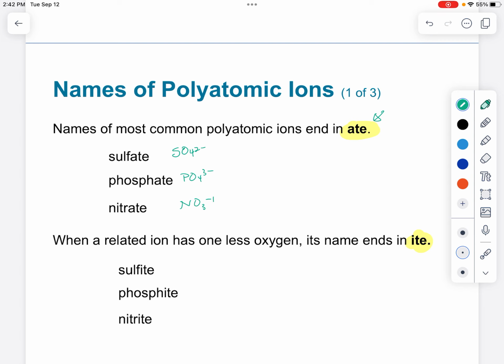So if I were to take sulfate and remove one oxygen and keep the same charge, that becomes sulfite. Phosphite would be PO3 3-, and nitrite would be NO2 1-.